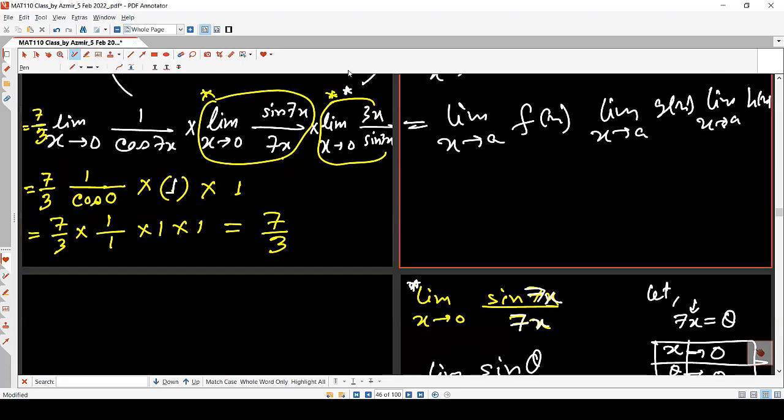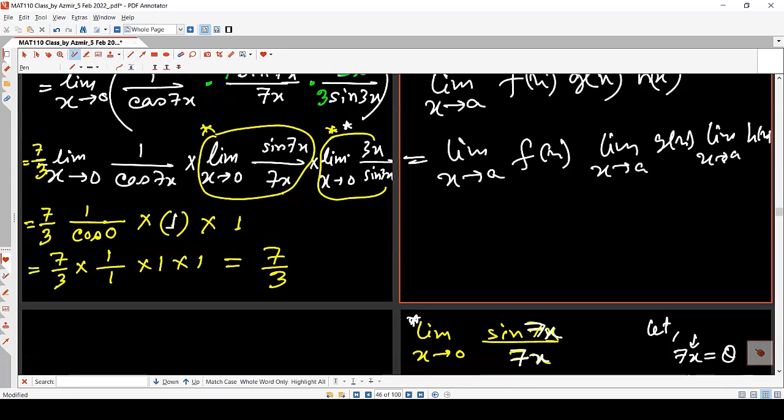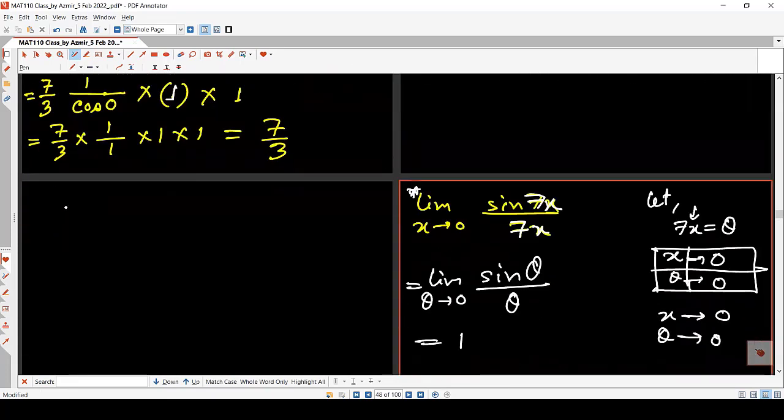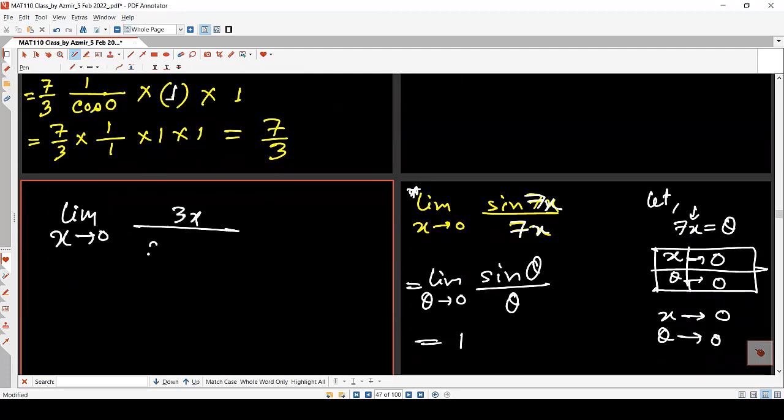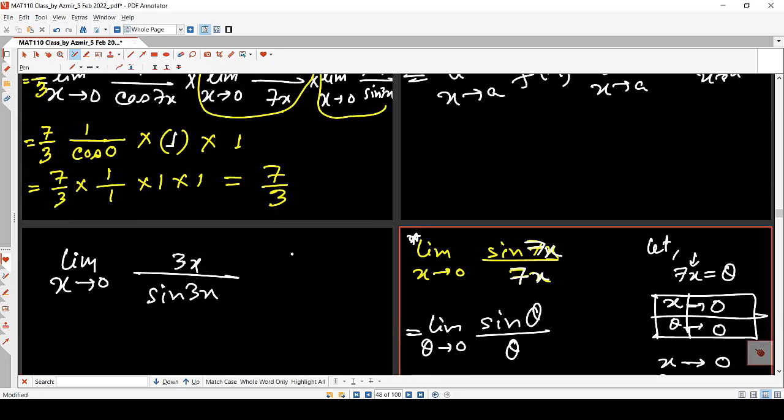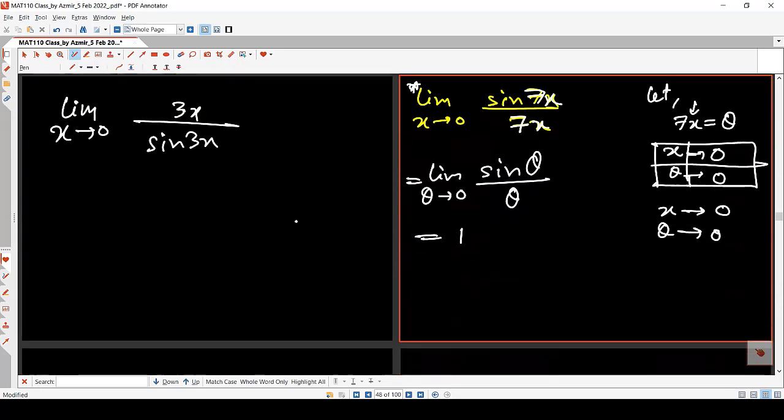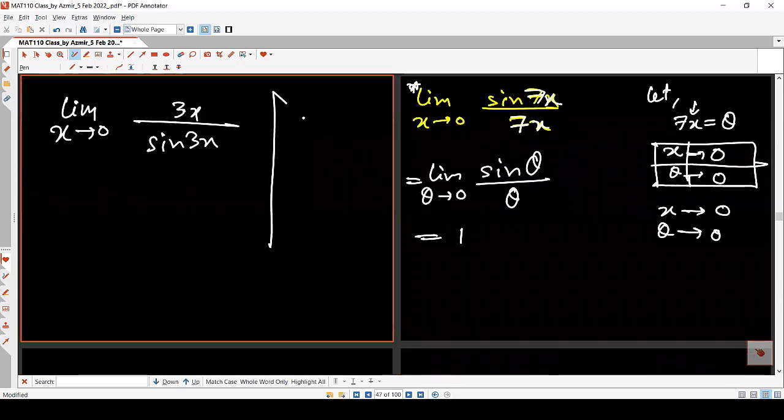Similarly, if we have a look at this one, we have limit x tends to 0, 3x divided by sine 3x. So we can take 3x as theta.